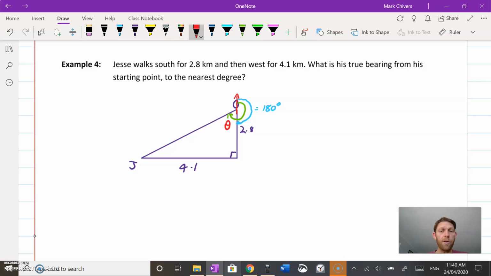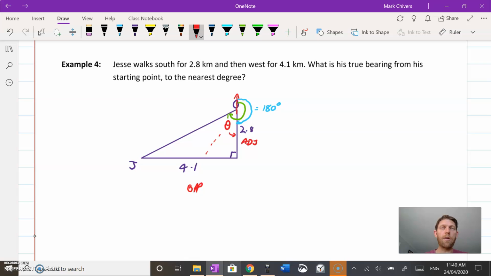Now we've got a right angle triangle problem: we have two distances and we want to find an angle. With reference to that angle, this side is opposite and this side is adjacent. So I have a trigonometry problem with an opposite and an adjacent side to consider.